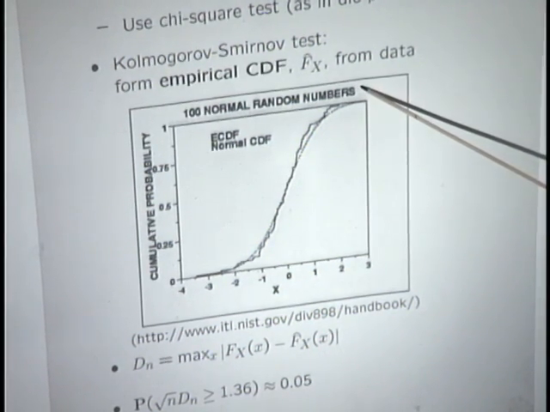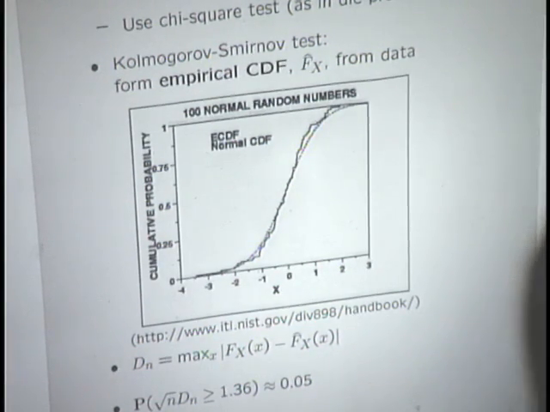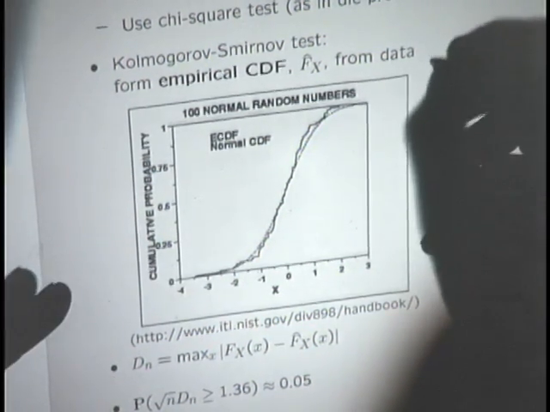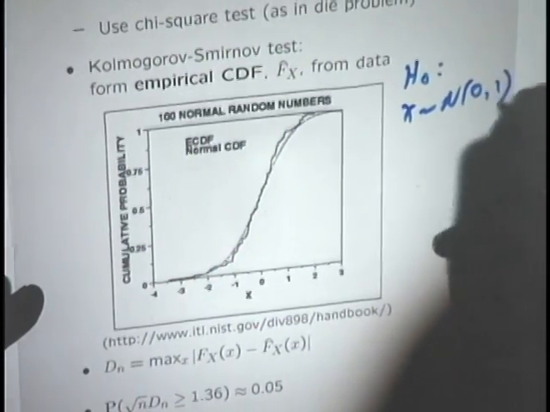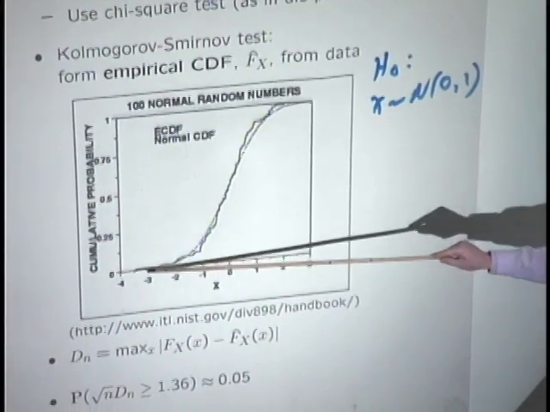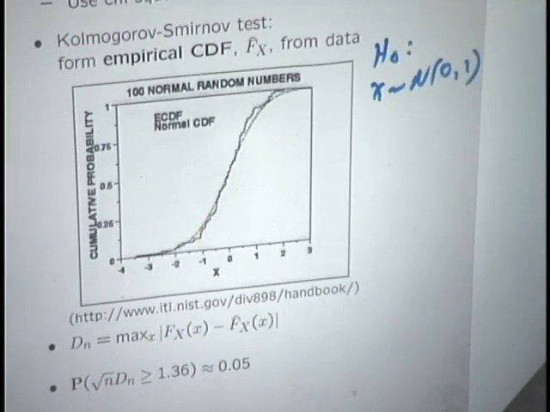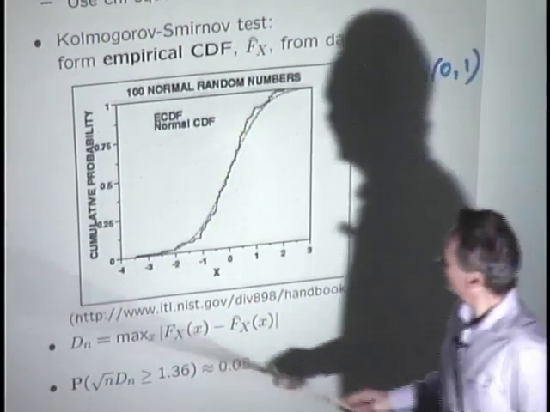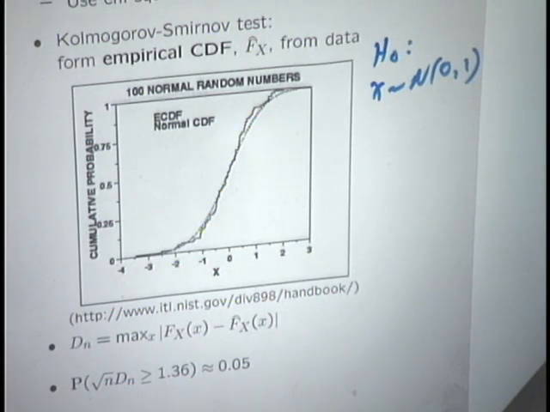So suppose that my hypothesis H0 is that the x's are standard normals, and I plot the CDF of the standard normal, which is the continuous-looking curve here. Now I get my data, and I plot the empirical CDF. What's the empirical CDF?